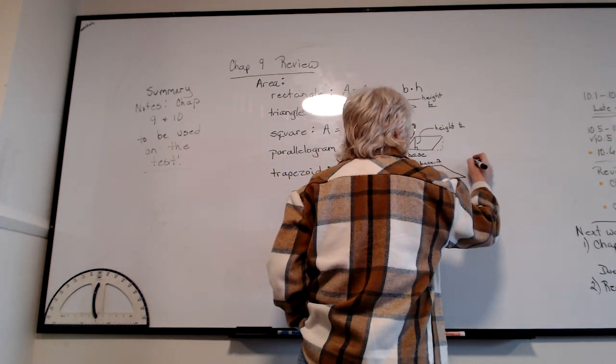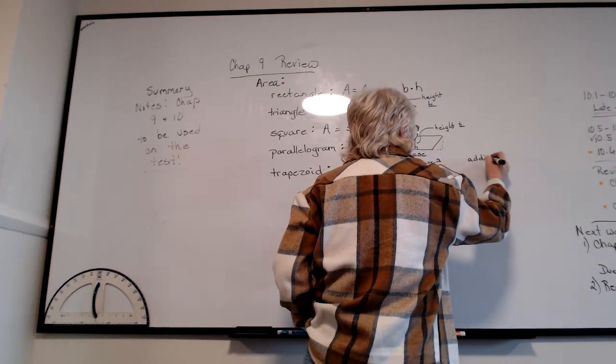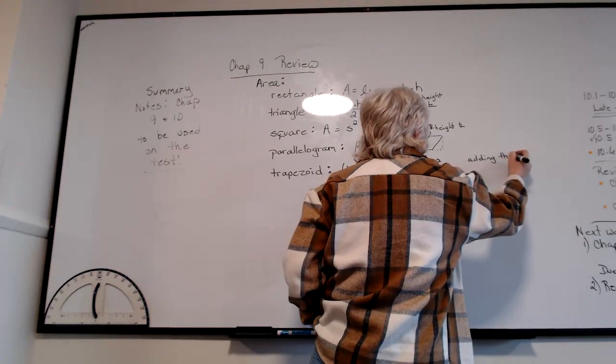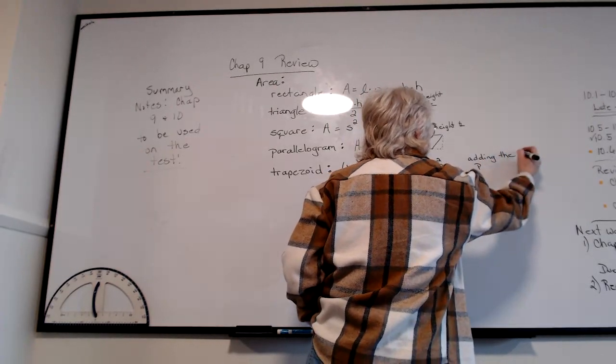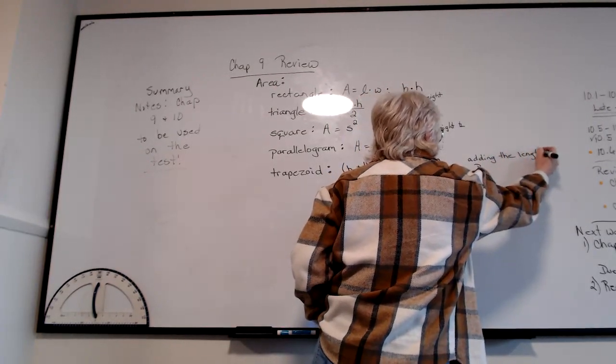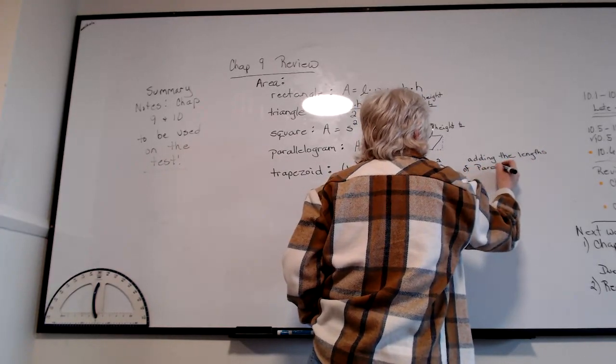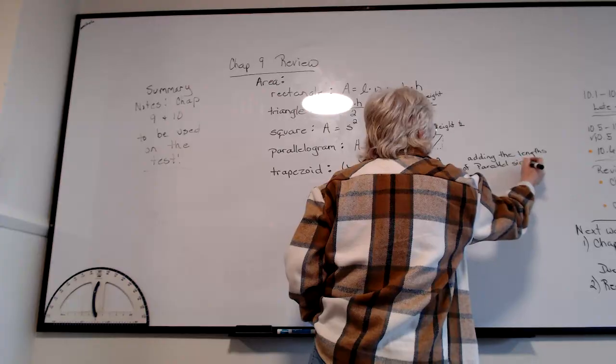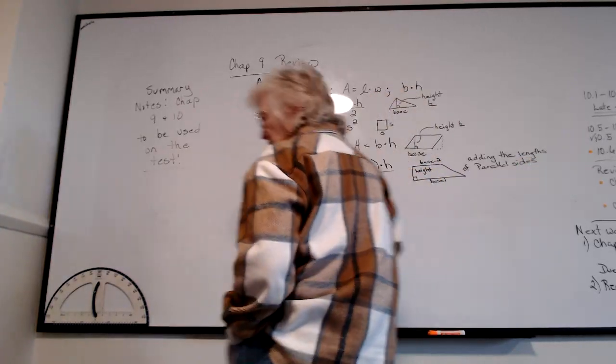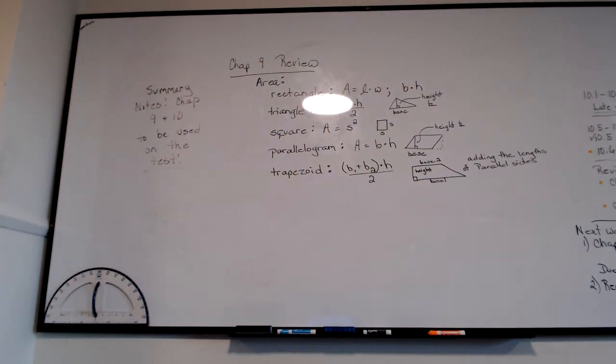So you're adding the parallel sides, the lengths of the parallel sides. Okay, so that's what you're doing in that one. It's the parallel sides that you want to add, not the ones that are not parallel.